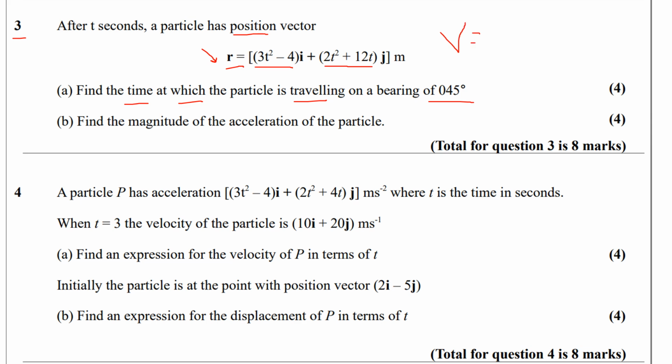So that will be 6t i plus, 2t squared differentiates to 4t, and then 12t differentiates to just 12, j. So this is quite a sneaky question because it's not been worded in the best way. So read the question carefully, and if it doesn't make sense, miss it out. Do part B or part C if it makes sense to you, and then come back if you're unsure.